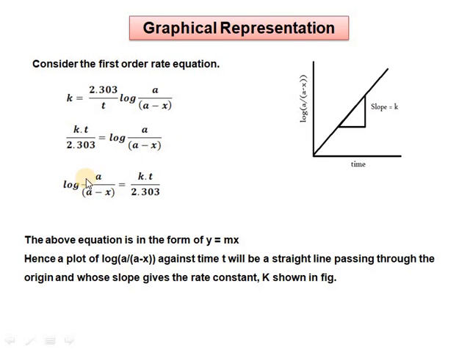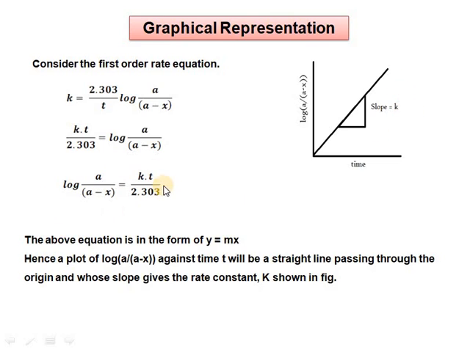So if we plot this log of A upon A minus X versus the time, then K upon 2.303 is the slope. So slope is equal to K upon 2.303.